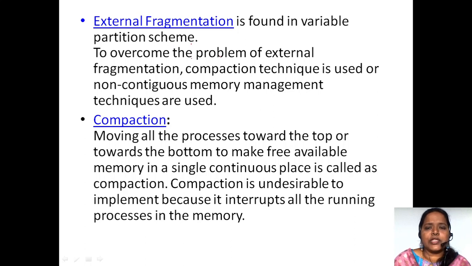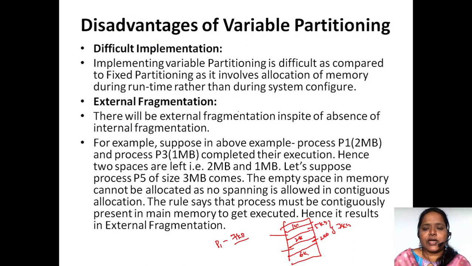To overcome this problem, we will use a technique called compaction. What do you mean by compaction? In external fragmentation, all the spaces are left over in the middle. Here one space is left over, here two spaces are left over. So here 5 KB and here 2 KB is left over.